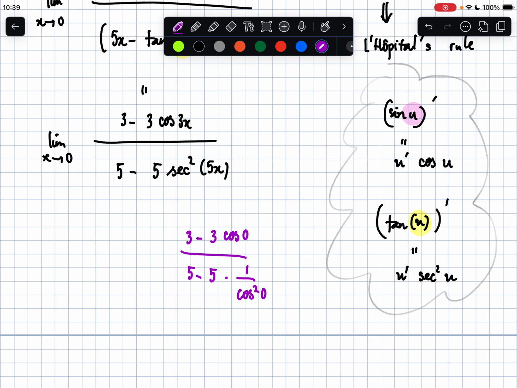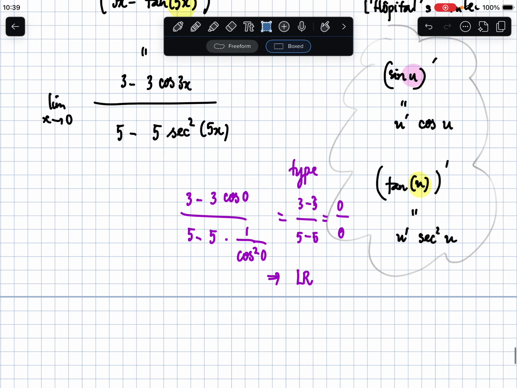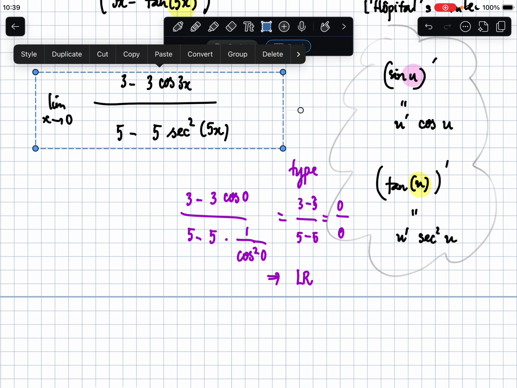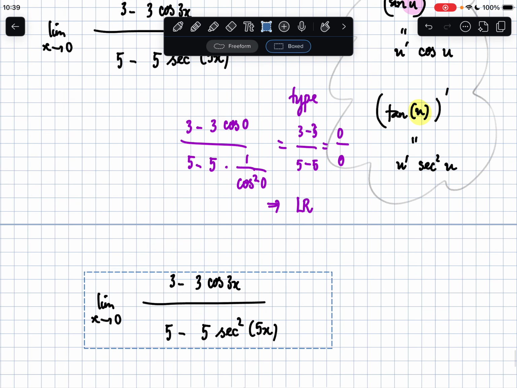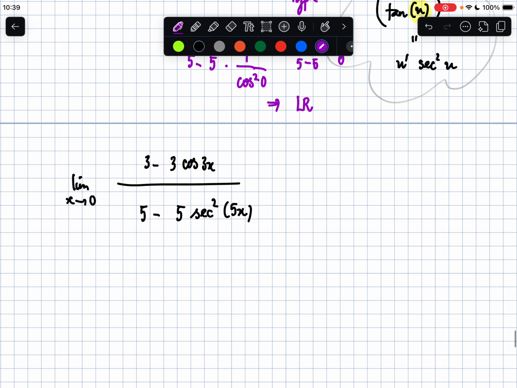So you see that 3 minus 3, 5 minus 5, which is 0 over 0 type. Again, you need to use L'Hopital rule. So let's do that. This one equals this one prime over this one prime.